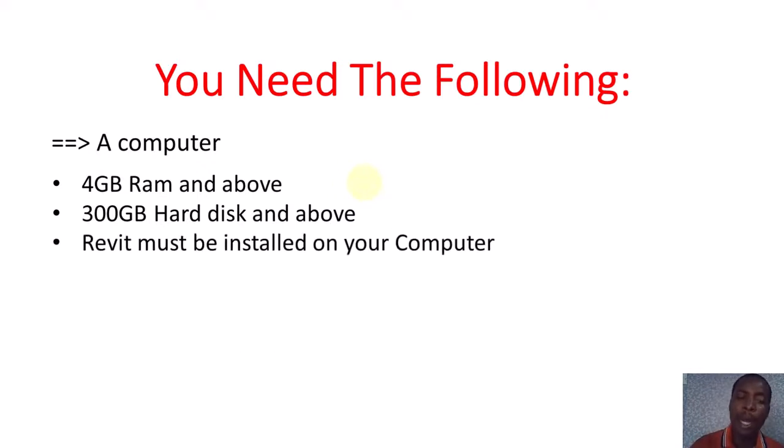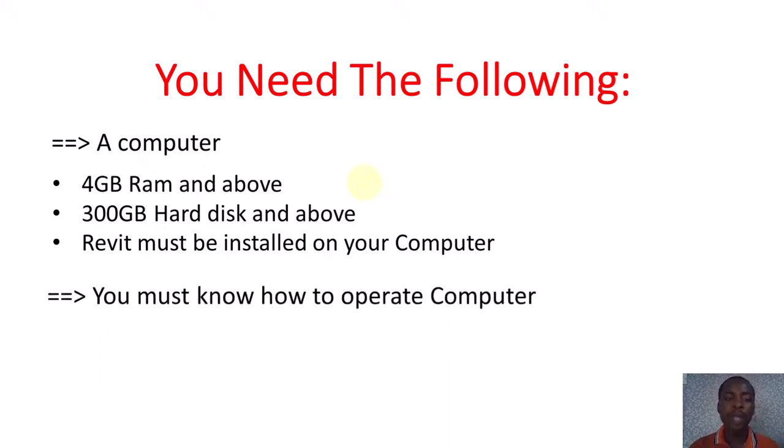And you also need Revit to be installed on your computer. I'm going to show you how you can get Revit installed on your computer, so ensure you stay with me to the end of this video, because I will show you at the end how you can go about getting Revit installed.